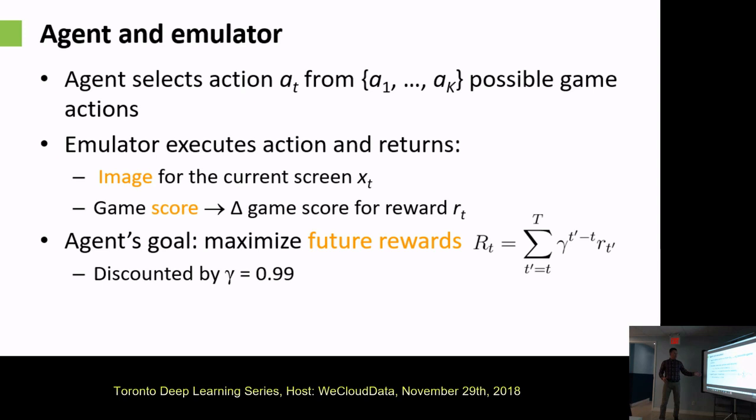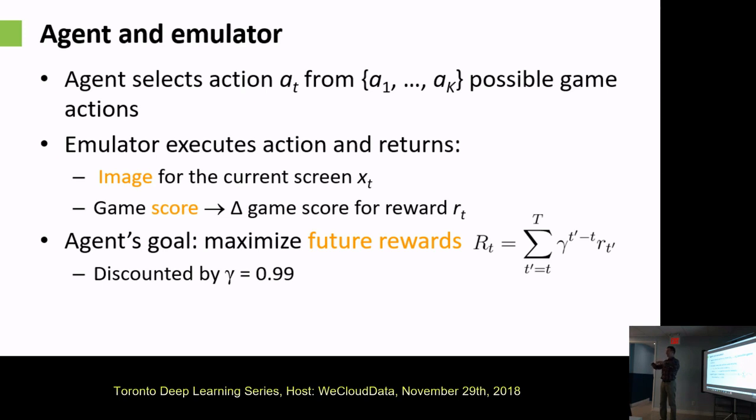The goal of the agent is to maximize future rewards. So we're looking at the current state of the environment, and our goal is looking into the future to maximize the reward, in this case the score. One tweak is that we could sum up all the rewards that we expect to get into the future.